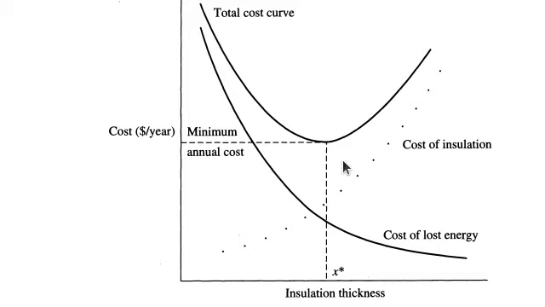Seeing this curve, you can find that we should keep the thickness of the insulation this much, and then your cost will be minimum. This cost will be of the insulation, and this cost will be the energy that you are losing, and when you add them, you get here. So 3 to 4 inches of insulation you can put around your pipe or vessel, and you will have the minimum cost.